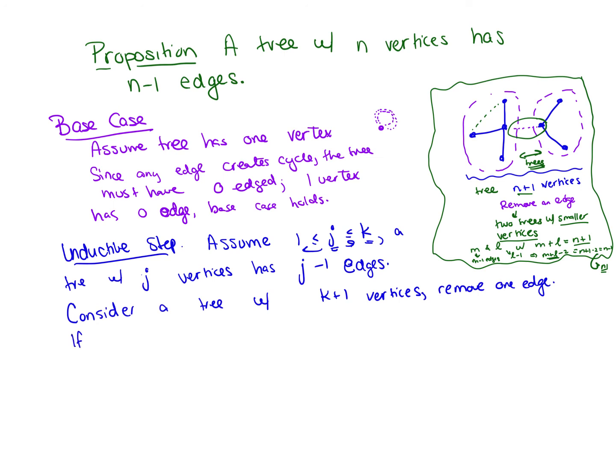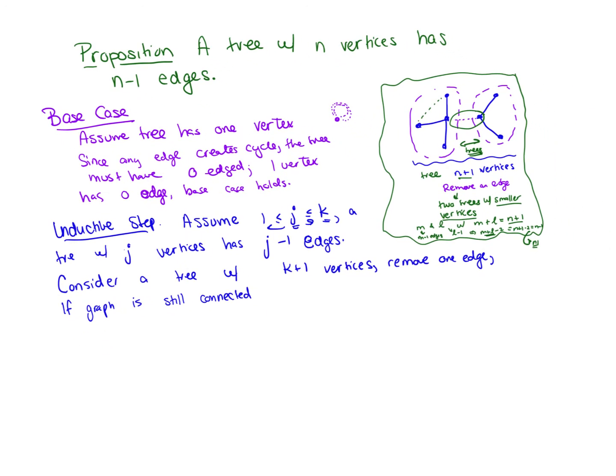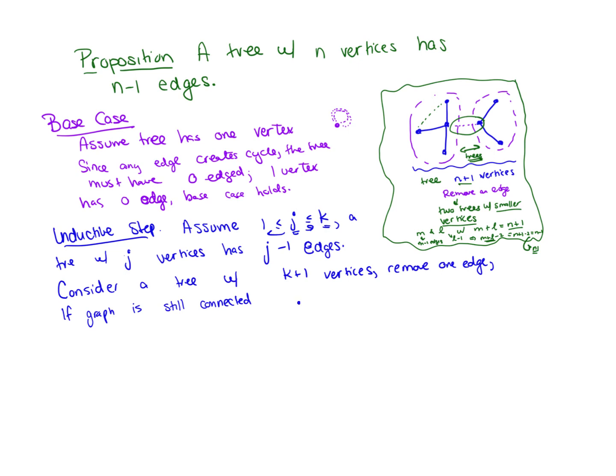So if the graph is still connected, let's add a couple little details here. Well, okay, so what if it's still connected, right? So I have this edge that I removed, let's say some vertex A and B. If it's still connected, there must be some way to get from A to B, but that would mean that there must have been a cycle before, because then there would have been another way to get back, and that would have given me a cycle.